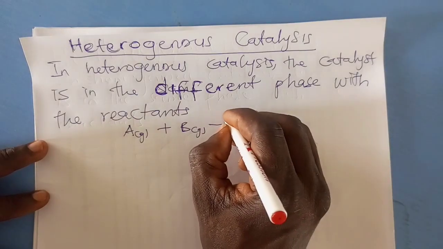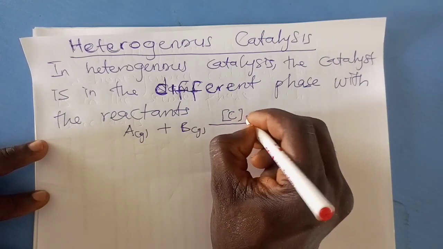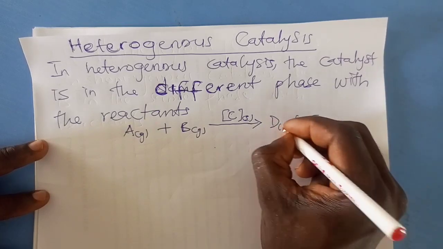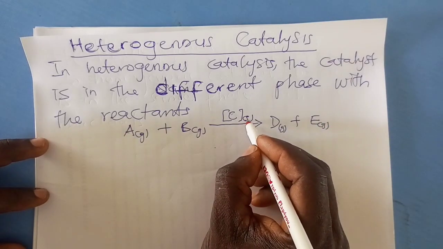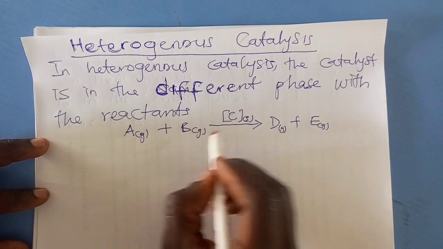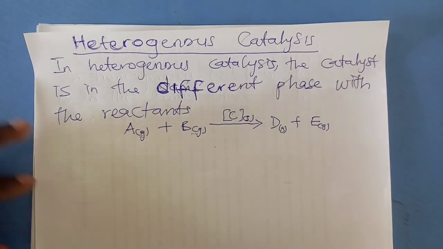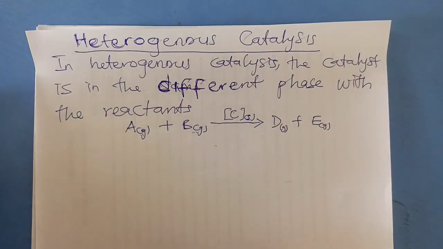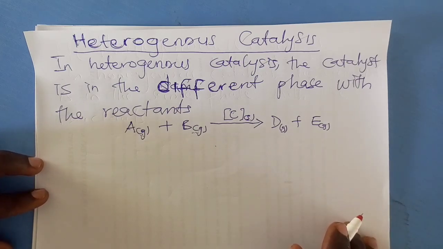So if you have reactants A and B to give you products D and E, in whatever state, let me just put gaseous state, you can see that this catalyst is in a different phase from the reactants. The catalyst is a solid, the reactants are gas. This makes this catalyst a heterogeneous catalyst. Hetero means different, homo means same. So in heterogeneous catalysis, the catalyst is in a different phase from the reactant. I hope you understand that.